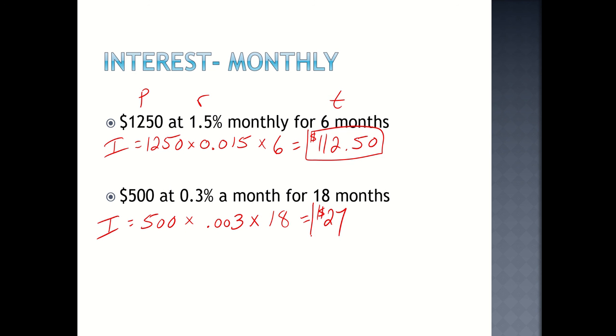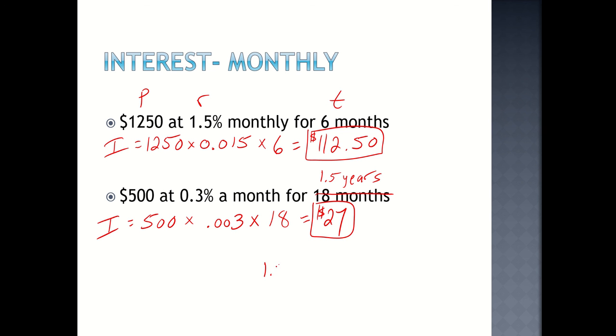So we earned $27 on that. Now, in the event that we had a problem where it was in years, let's say, for example, if this was 1.5 years instead of 18 months, we would have to convert 1.5 years to 18 months. How do we do that?